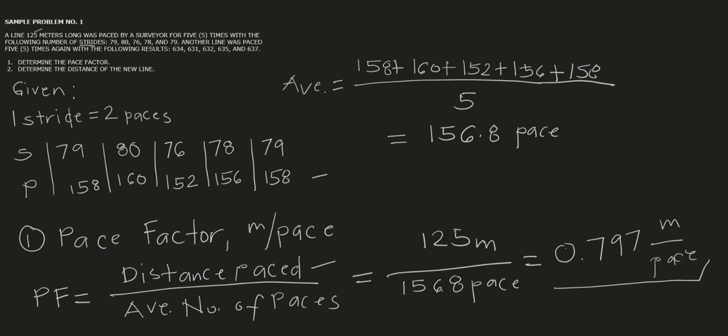Ayan. So, next is yung number 2. Determine the distance of the new line. So, yung new line naman, yung gagamitin natin, 634, 631, 632, 635, and 637. So, ito yung gagamitin natin para makuha natin distance of the new line.